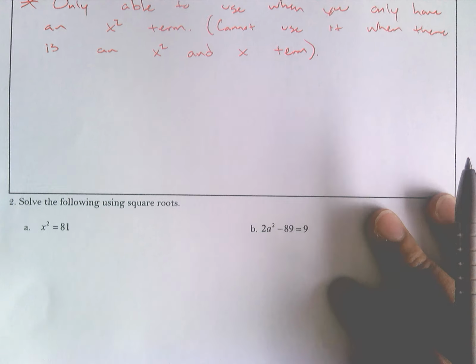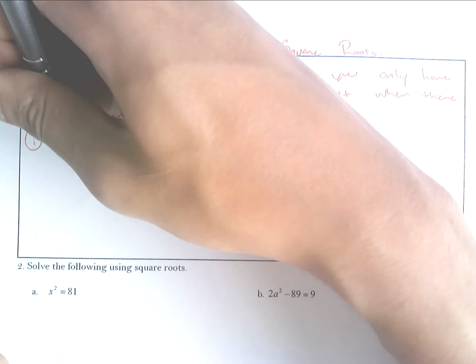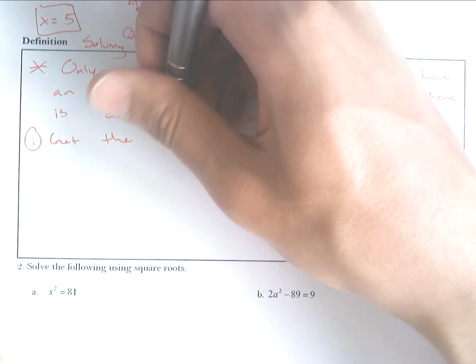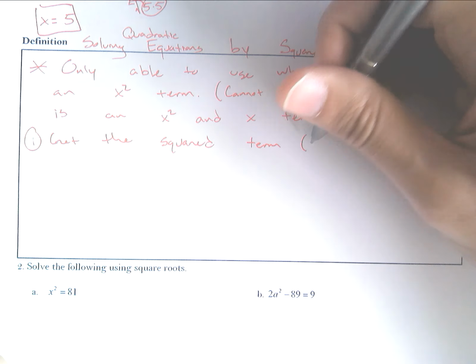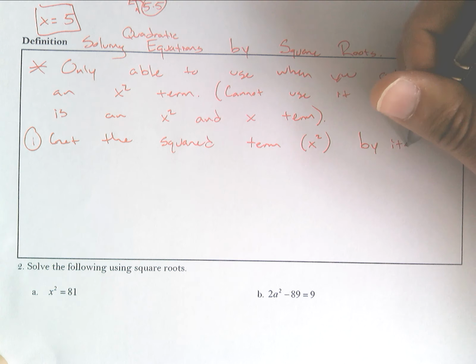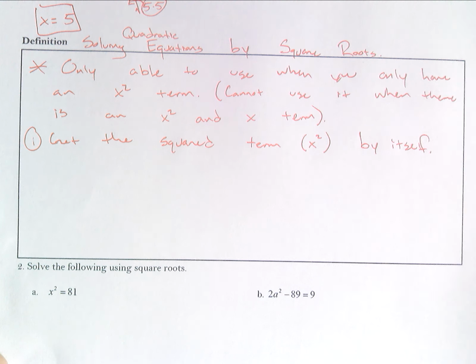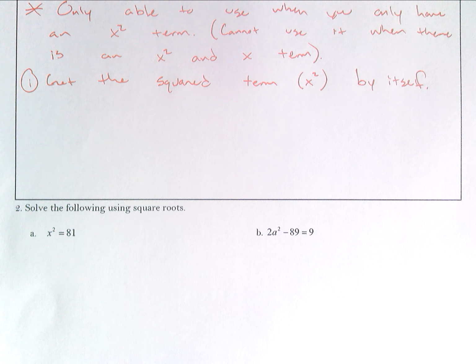Okay? So in order to solve this, step 1 is to get the squared term, or the x squared, by itself. So revisiting 2a, I see we have x squared equals 81. Well, the x squared term is by itself.